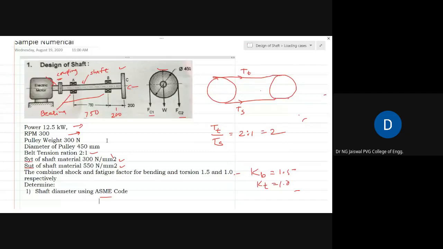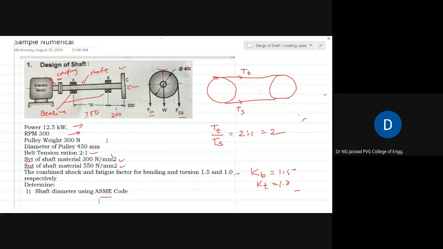The very first step in bringing out the solution is that you identify the case. What type of loadings are there? If you ask me, I will say there are two loadings.